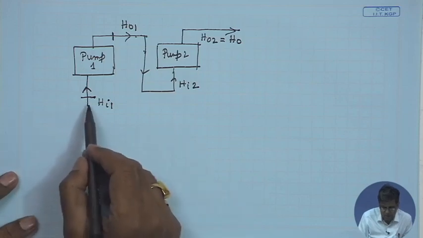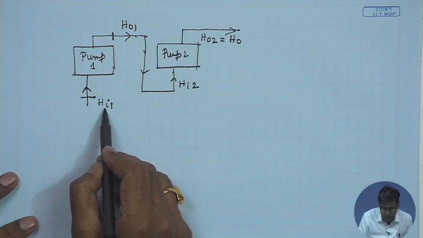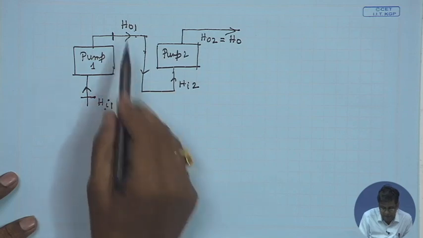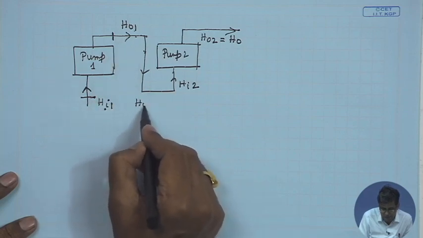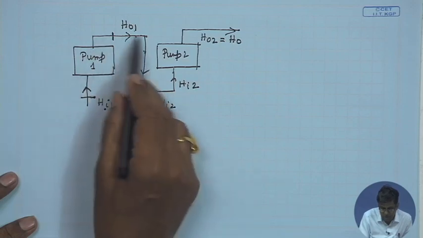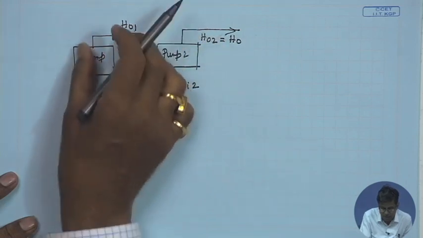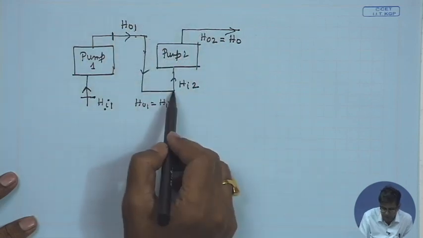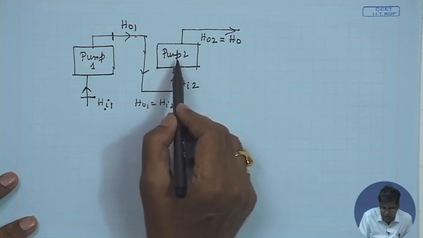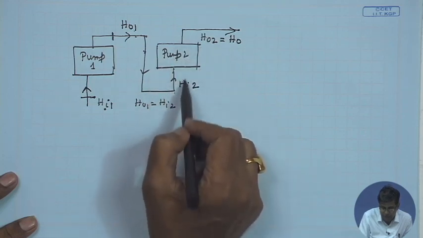It is common sense that the head developed by pump 1 is HO1 minus HI1, and HO1 is equal to HI2 because they are connected in series. The loss through the pipeline connecting them is very small, as it is a very short pipe, they are just coupled. HO2 minus HI2 is the head developed by pump 2.